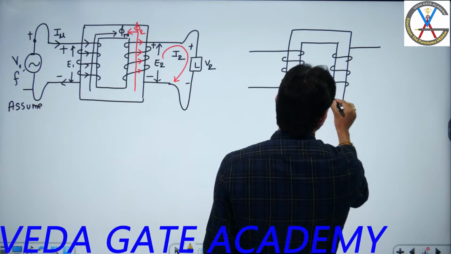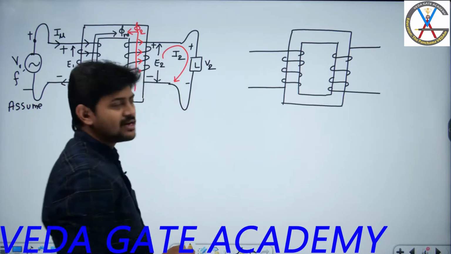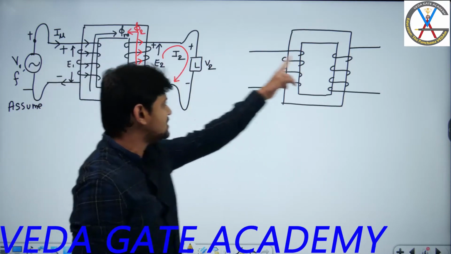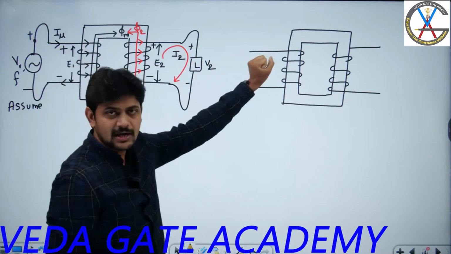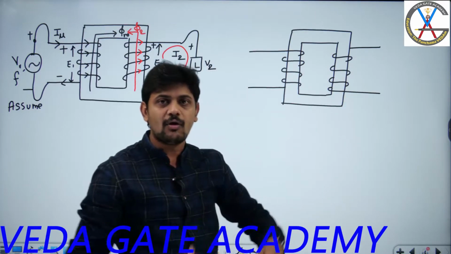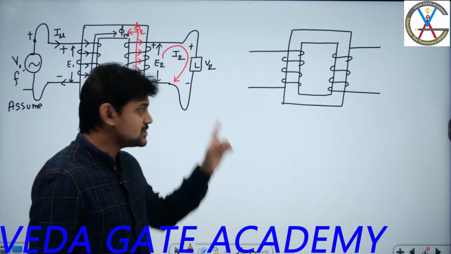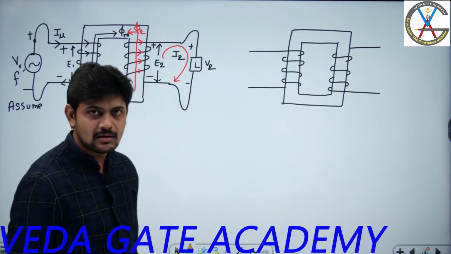Already we have made all these discussions, guys. So here, can I say the sense of the winding in this case and in this case is the same or different? Different. Primary side sense of the winding will be the same, whereas in the secondary winding the sense of the winding will be different. That means how I have wound the winding on the limb in the first case of secondary winding and the second case of secondary winding is different, right?